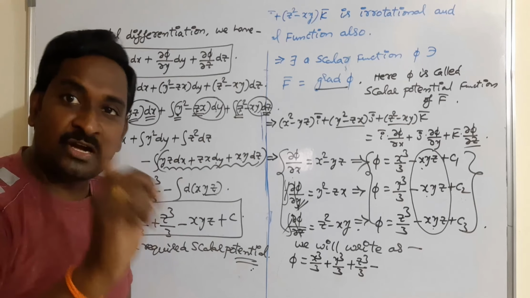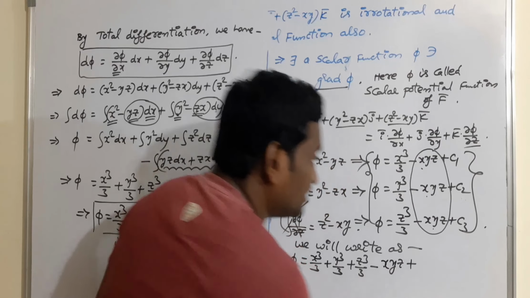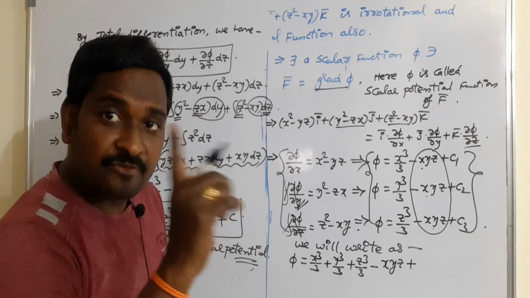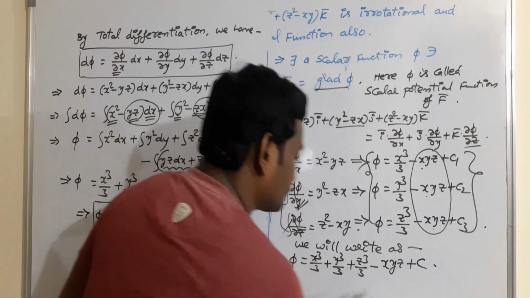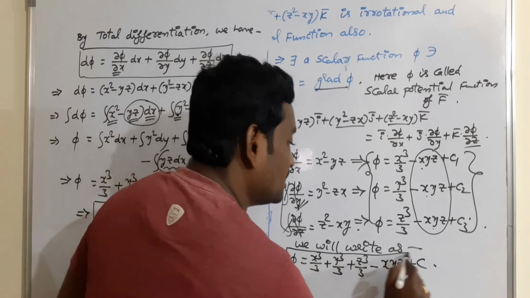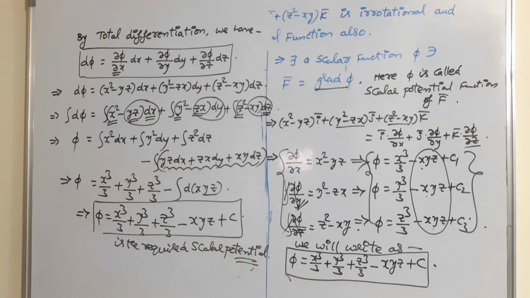You just have to write it one time only, minus xyz. If there is any repetition in the terms, don't take the repeated terms, just write one time only, plus c. Instead of c1, c2, c3, I will directly write only c. This is the required scalar potential function for the given vector point function f bar.